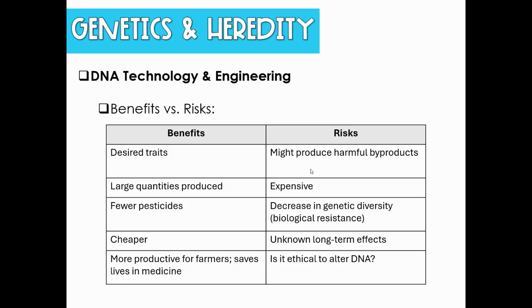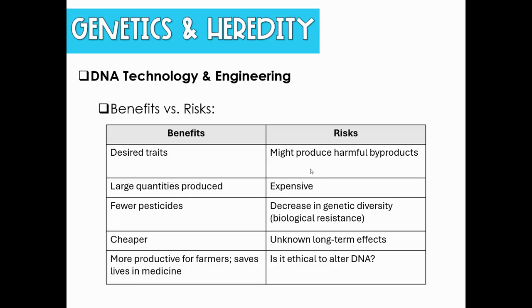However, with all the benefits comes some risk. And so it's important to weigh out both the benefits and the risk of using GMOs and genetic engineering. So some of the benefits, we do get desired traits. We can mass produce a lot of different things in both agriculture and medicine. We can use fewer pesticides in agriculture because of genetic engineering.